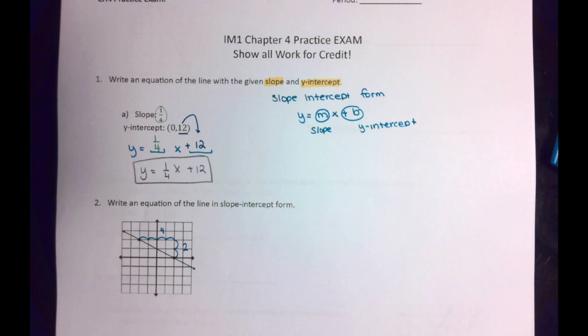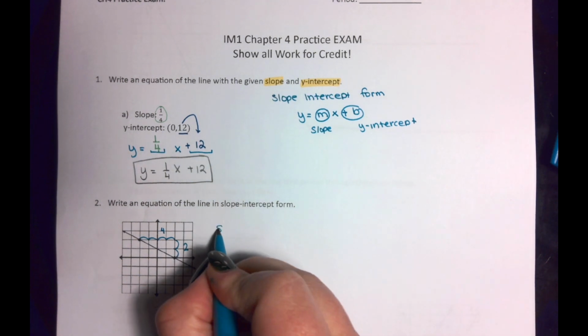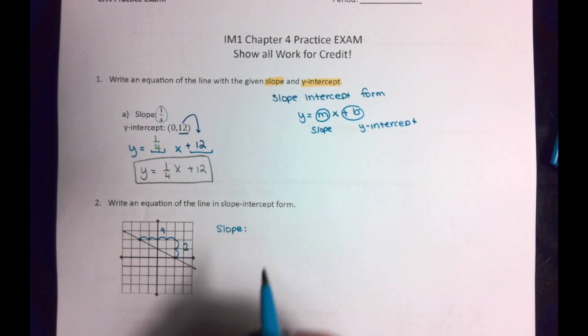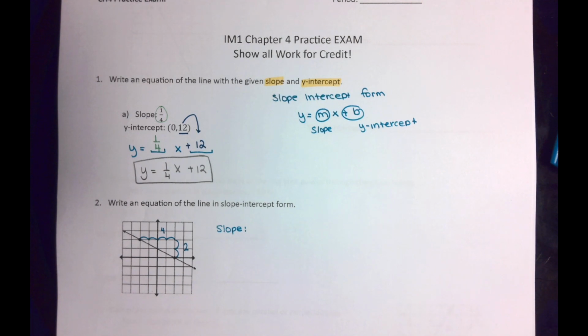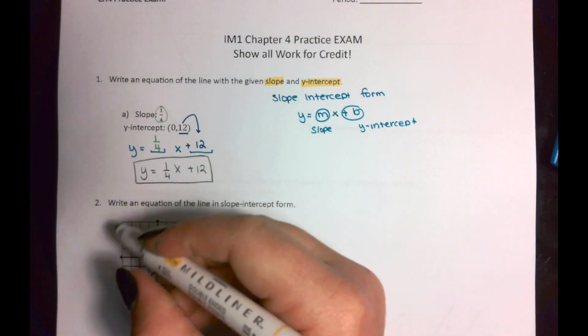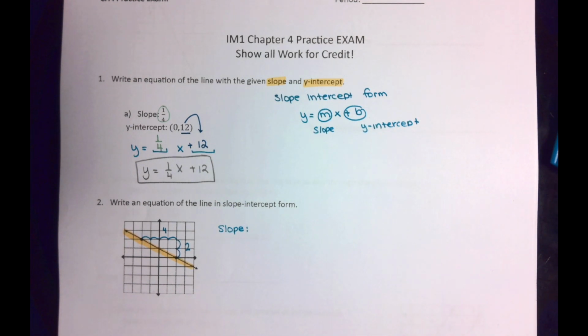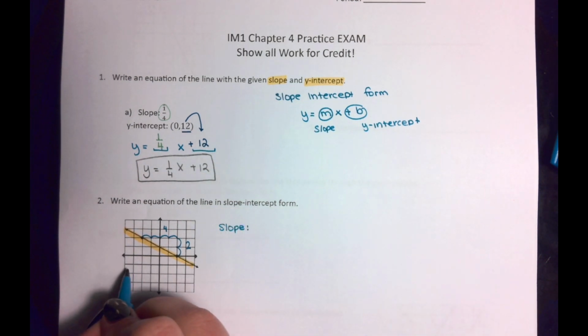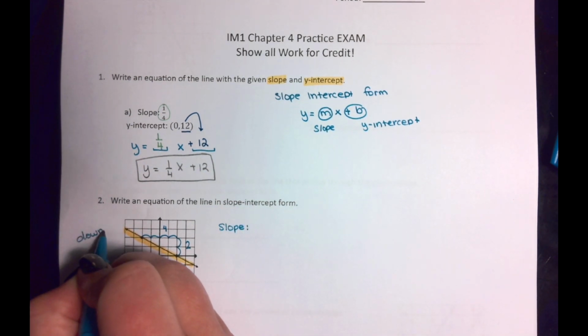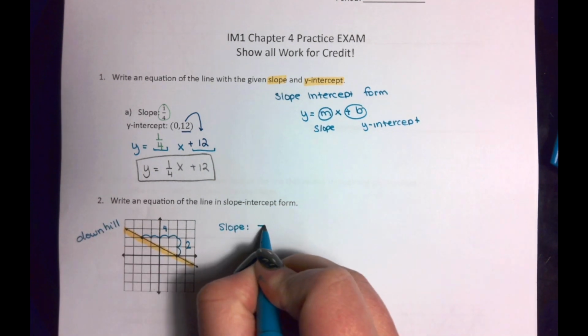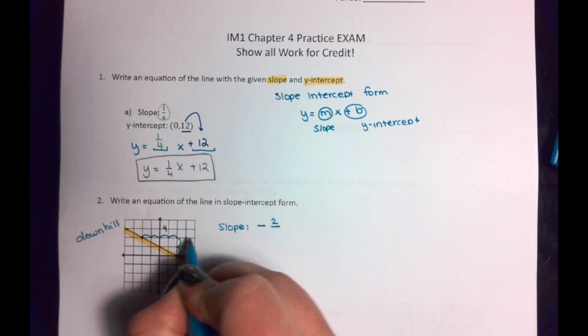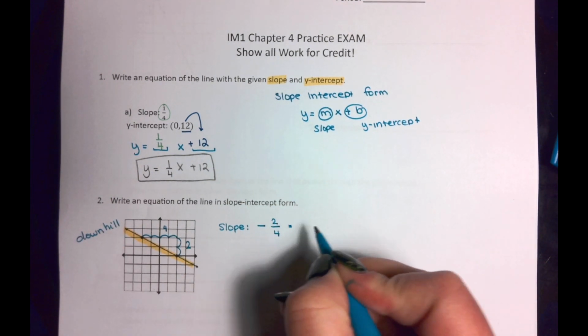And then we have the increasing or decreasing question. Is it going uphill or downhill? This line is going downhill, so that means our slope is going to be negative. So how many ups? 2. How many overs? 4. Make sure to simplify your fraction.